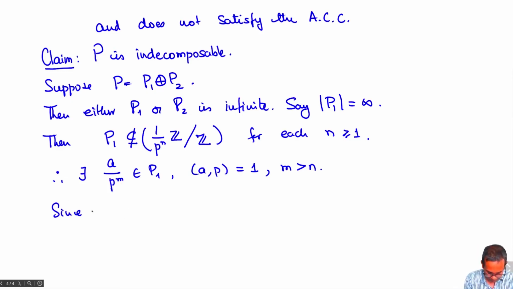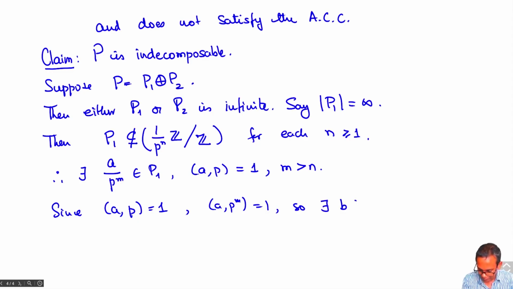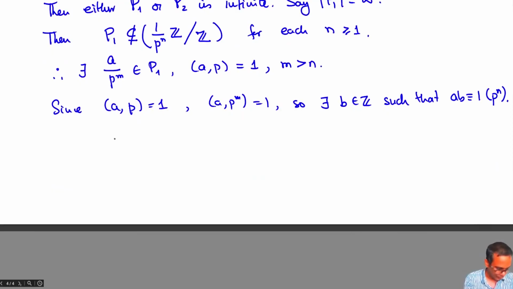Since the GCD of a and P is 1, the GCD of a and P to the m is also 1. So there exists an integer b such that ab is congruent to 1 mod P to the m.